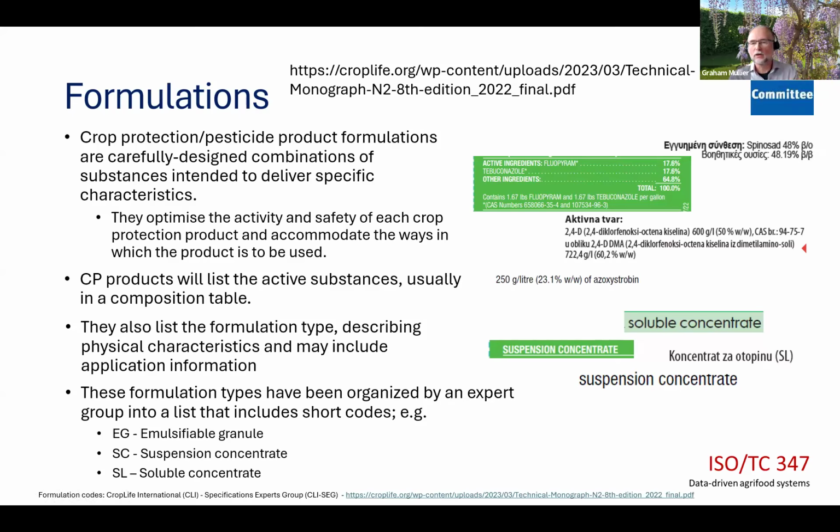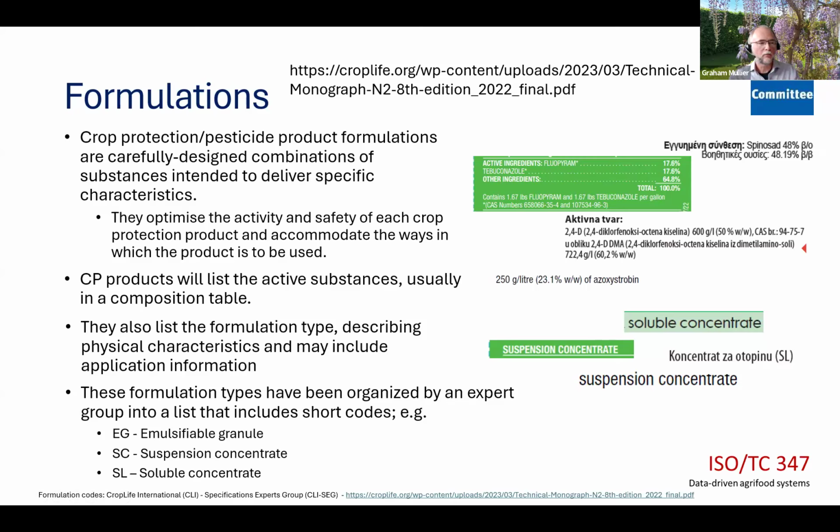So these are things that it's worth us digitizing, putting into an information structure and making available as something that is machine readable, machine actionable to support the operations, for example, on a farm or some other setting that can take advantage of the formulation type, the other formulation information for managing tank mix or other activities, or looking back to mode of action for managing that resistance piece and keeping track of what's been applied, how much of each active has been applied, and when it's the right time to switch.